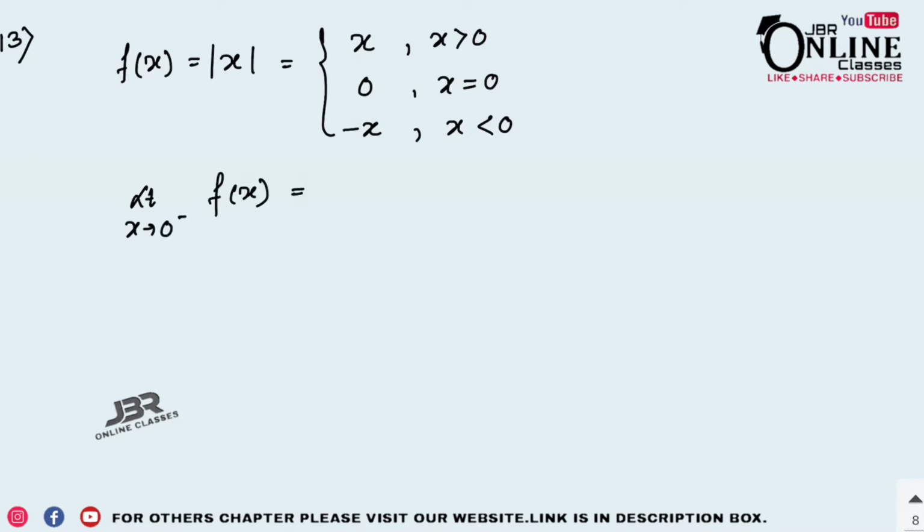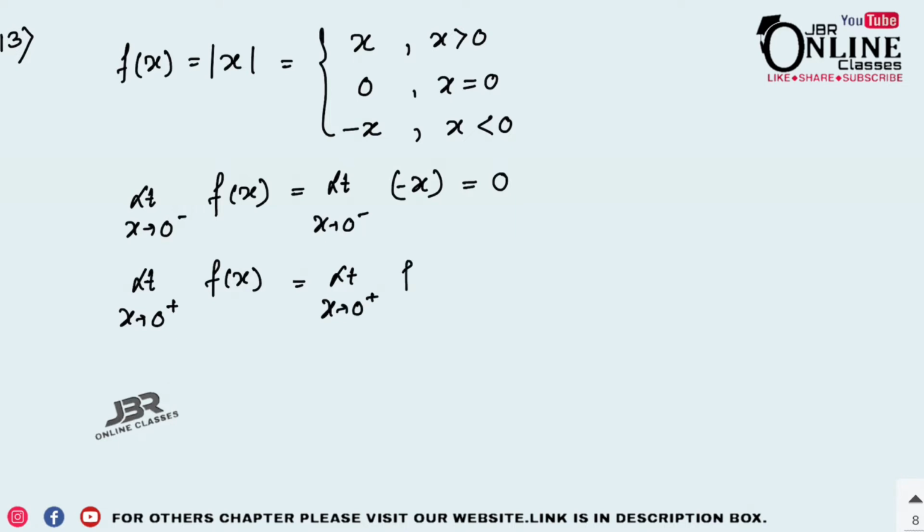As here 0 minus, that will be minus x. So limit x tends to 0 minus of minus x, and that one equals 0. Now for the right limit, limit x tends to 0 plus f(x). So greater than 0, limit x tends to 0 plus, that one equals only x, and that one equals also 0. And f(0) equals 0. So definitely f is continuous at the point x equal to 0.